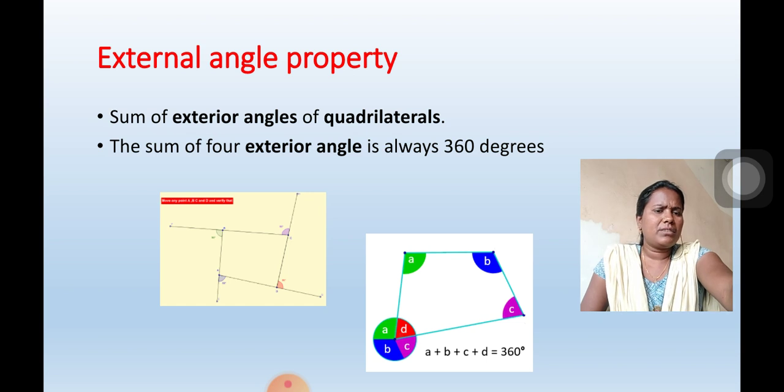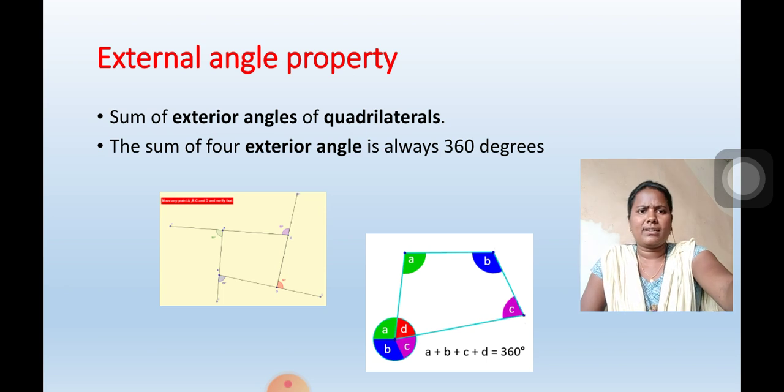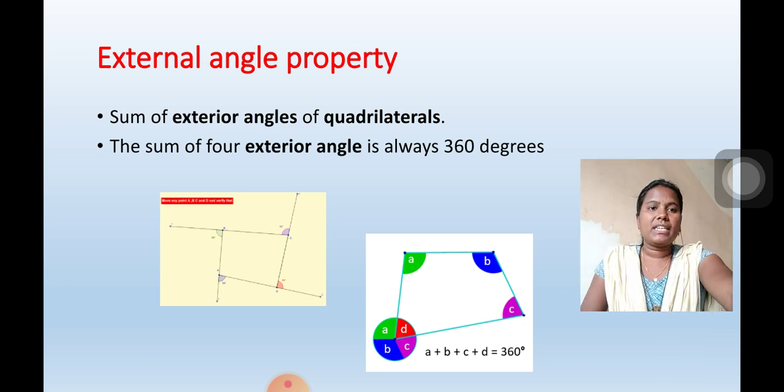One more activity that we can give for interior angle properties. When we take a quadrilateral in which all the four angles are there, whichever quadrilateral you consider, if we cut out all angles A, B, C and D, and if you collect them and connect them to get a complete circle, yes, okay.